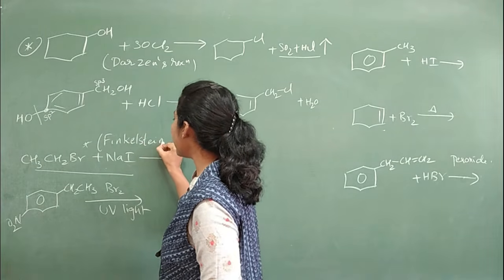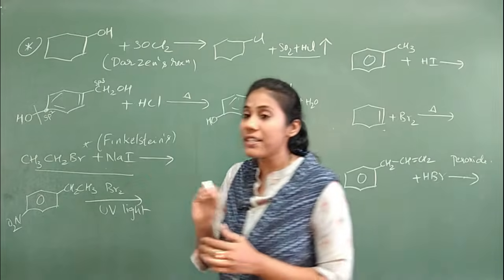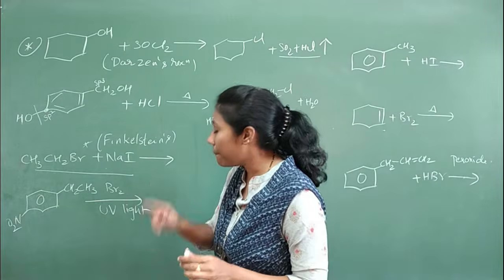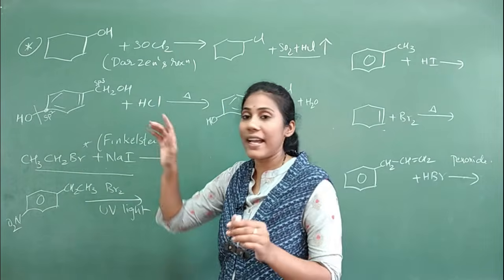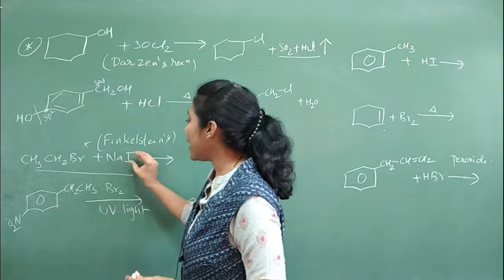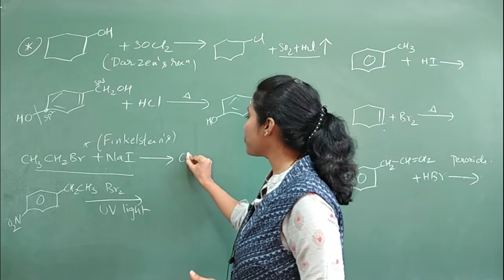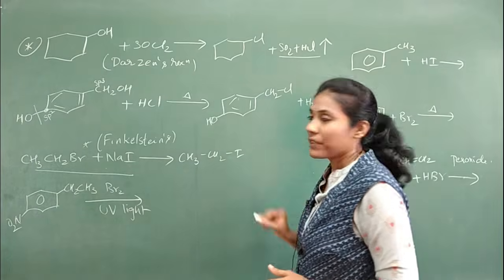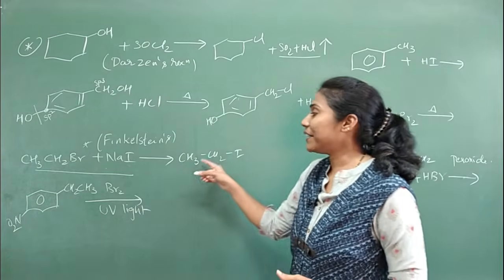The Finkelstein reaction's main purpose is to prepare alkyl iodides from alkyl bromides and alkyl chlorides. So here this Br gets replaced with iodine, so you would be getting CH3CH2I. So this is 1-iodoethane.